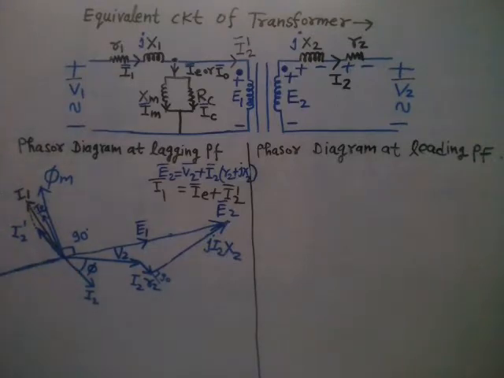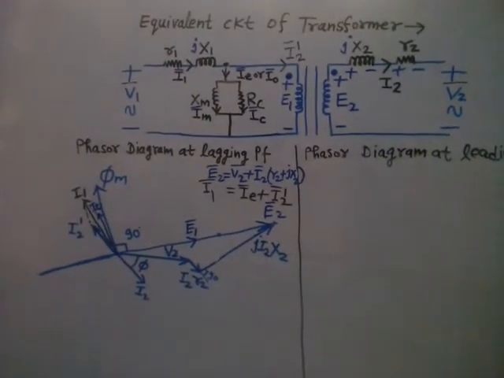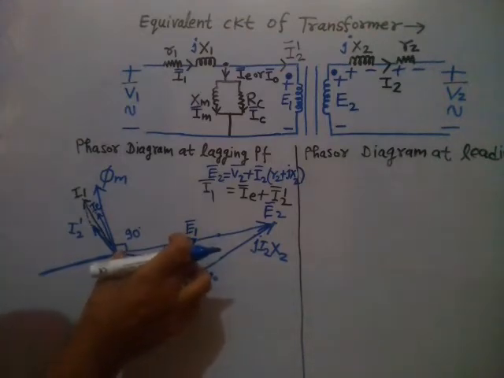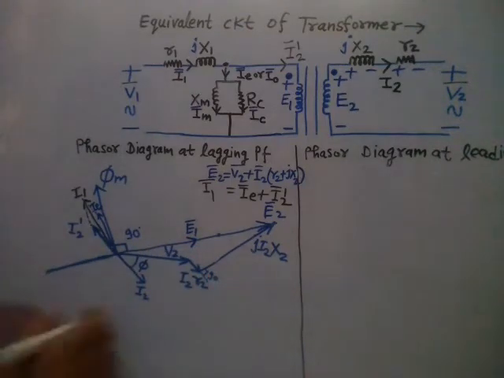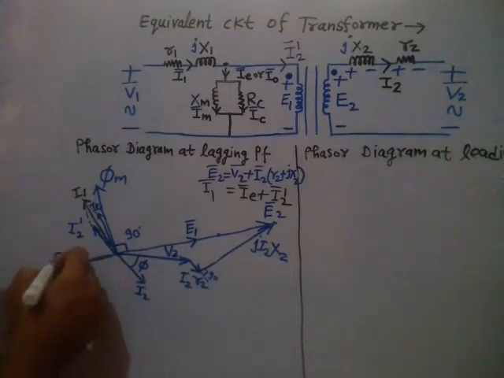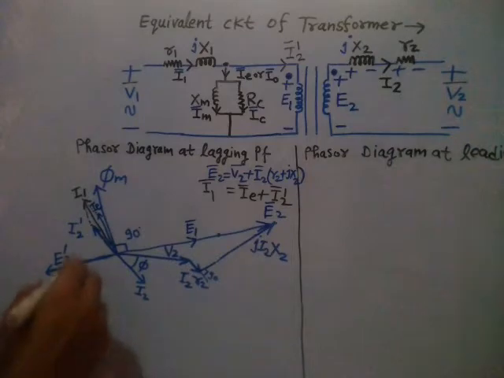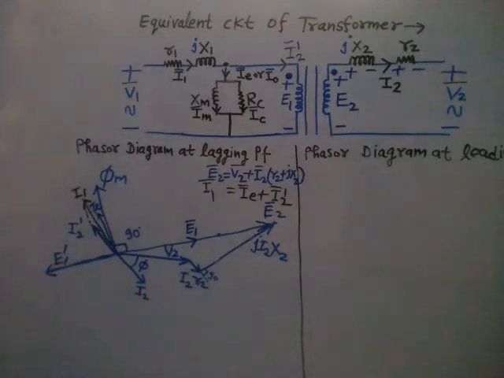Just have a look at it. You have to take the same length of the phasor, right? So this E1, when you back propagate it, I'm taking the same phasor backside, so this is E1 dash, right?